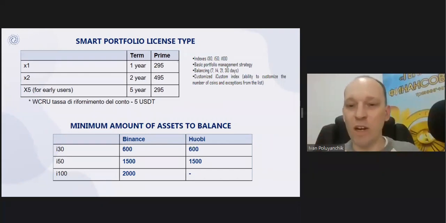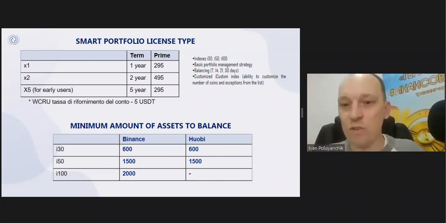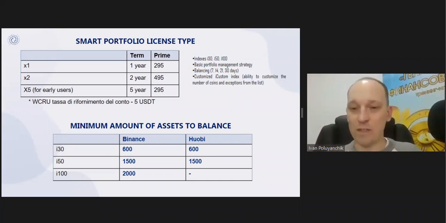And you see, for a beginner who is not an expert in trading, is not a proficient person in cryptocurrencies, there are 3 settings to select from: the portfolio, the frequency of balancing, and, if needed, either add or delete some tokens.